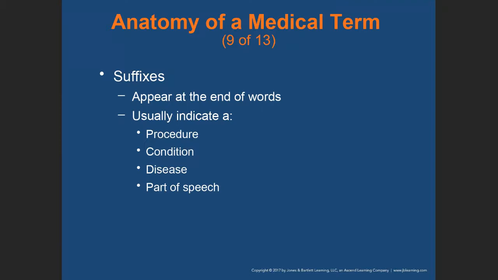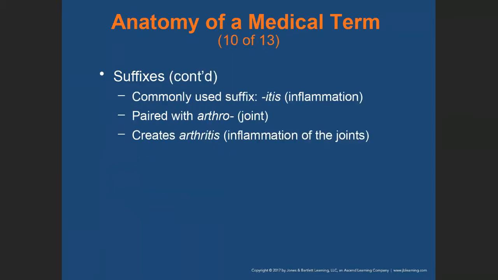Right. Now, suffixes appear at the end of words and usually indicate a procedure, condition, disease, or part of speech. Commonly used suffix: itis. So the suffix is at the end. The term itis means inflammation.